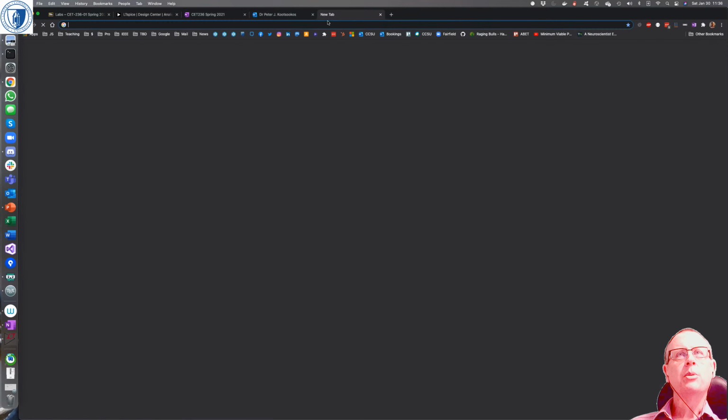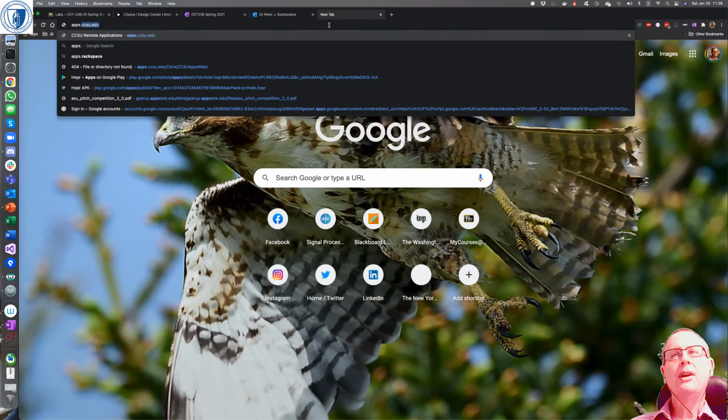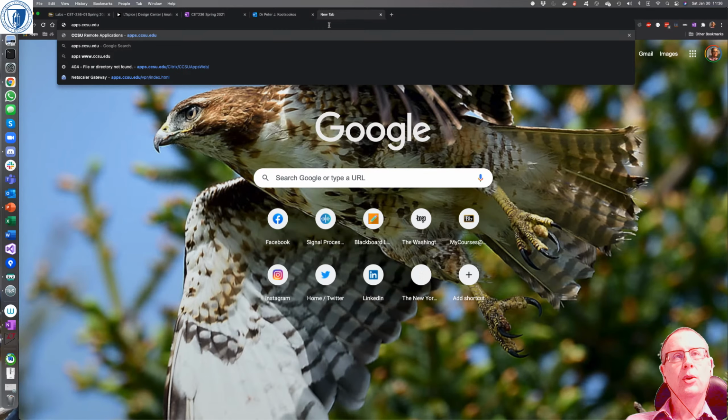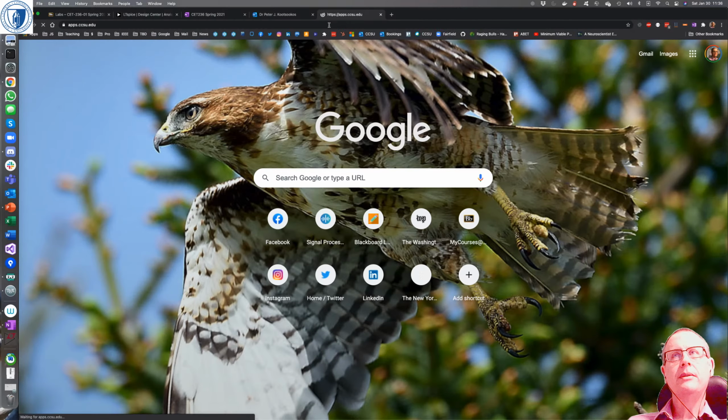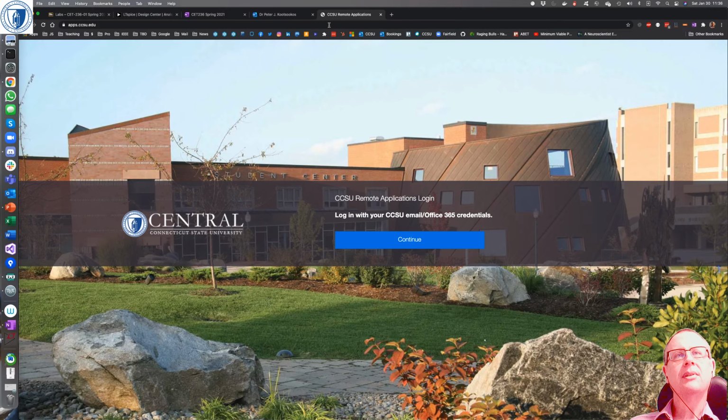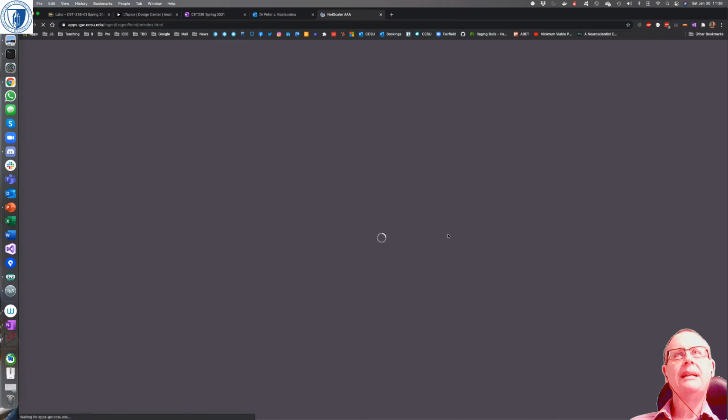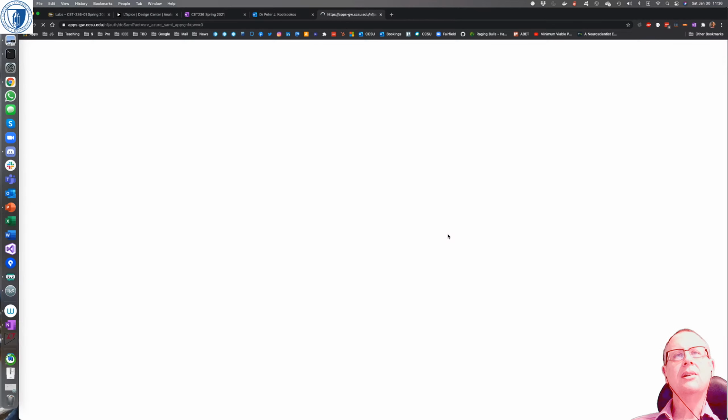However, I wasn't going to go through that. I was asked that if you don't want to install it on your machine, or if you're running, for example, a Google Chromebook, go to the CCSU apps site and log into the Citrix gateway.